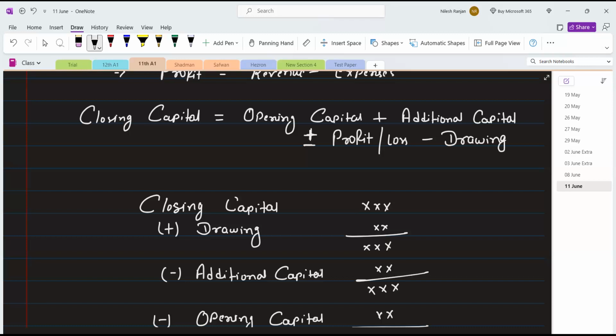If you are using assets and liabilities, then both should be on the same date. If assets are opening, then liabilities should be opening. Then only you can calculate opening capital. So this is our basic formula.